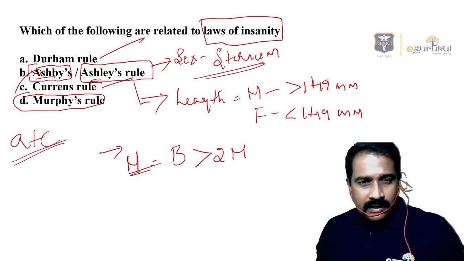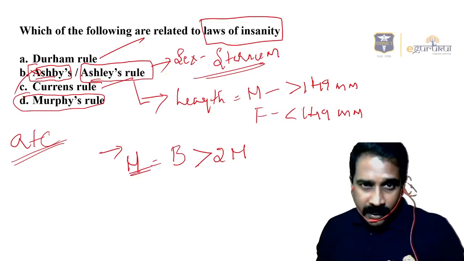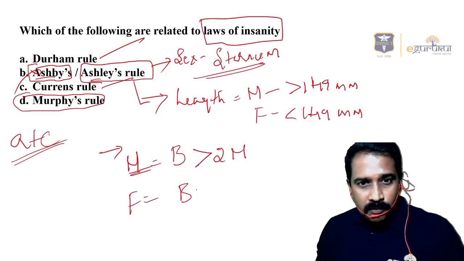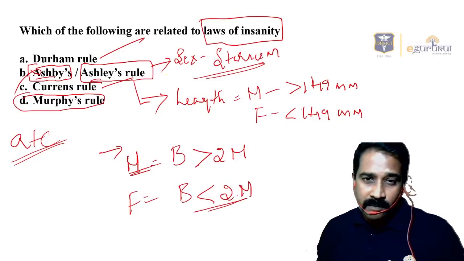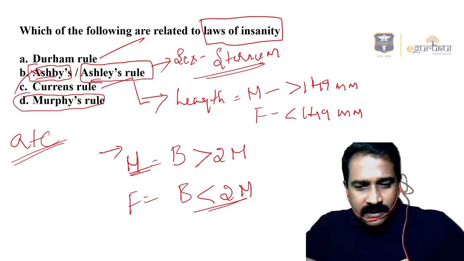I'll say it again: in males, the length of the body of the sternum is more than twice the length of the manubrium, and in females, the length of the body is less than twice the length of the manubrium. Fine, these are the important points with that particular question you need to know.